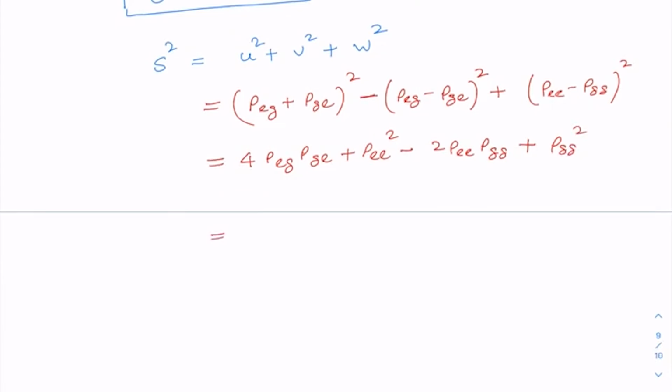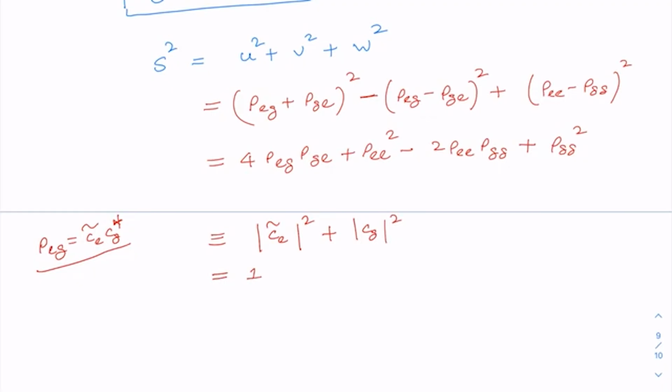And what I can show you is that if you write, say, rho ez is equal to ce tilde cz star and so on, then you will be able to show that this is equal to ce tilde mod square plus cz mod square, which is obviously equal to 1.